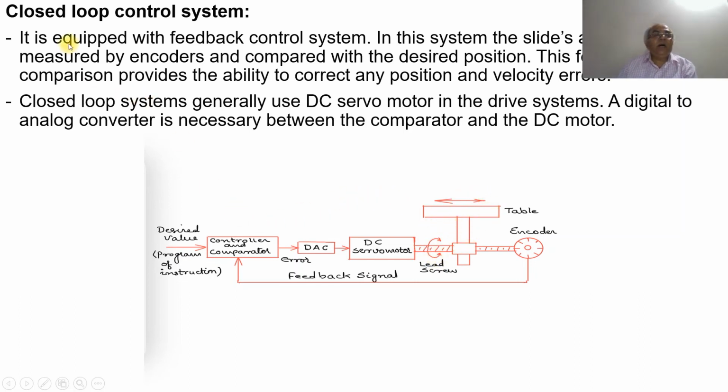So this is how the closed loop control system in a CNC machine works, and it is a bit more expensive than the open loop control system, basically because we have feedback.